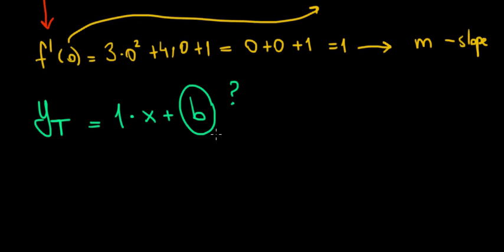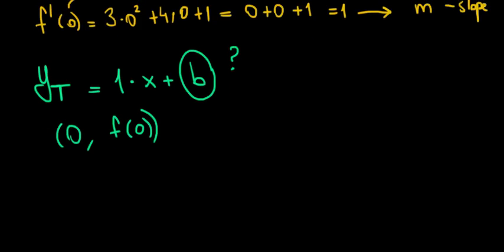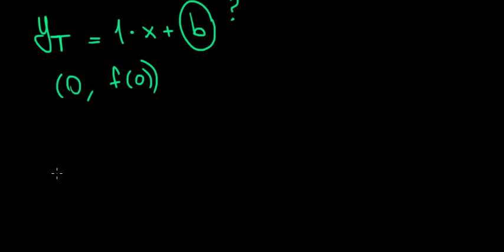Well, we can find it out because we know that we're looking for the tangent line at the point where x is 0, and the function has a result for x equals 0. So we can substitute x equals 0 and we'll get the value of y. Let's do it. What is the value of the function when x equals 0?